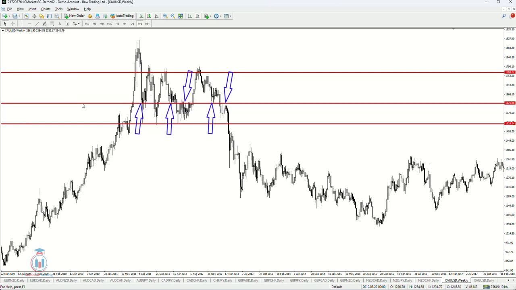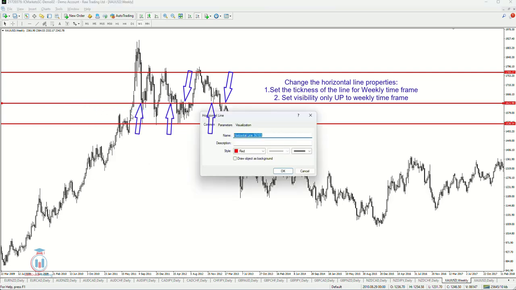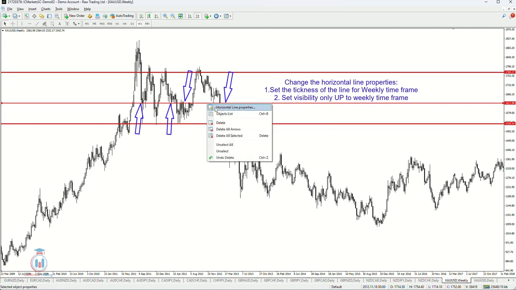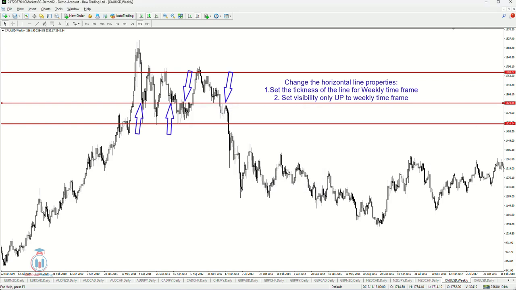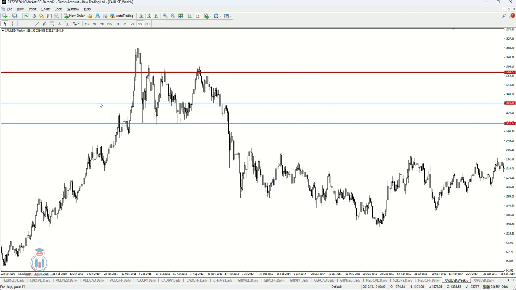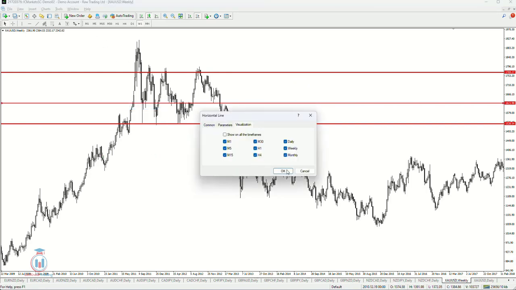So we need to define the horizontal line properties. The thickness should be one step below, so we have a clean difference, and then for visualization, set it to show only up to the weekly, so we do not see this line on the monthly time frame. Now if we look at the monthly time frame, you will see how this looks.